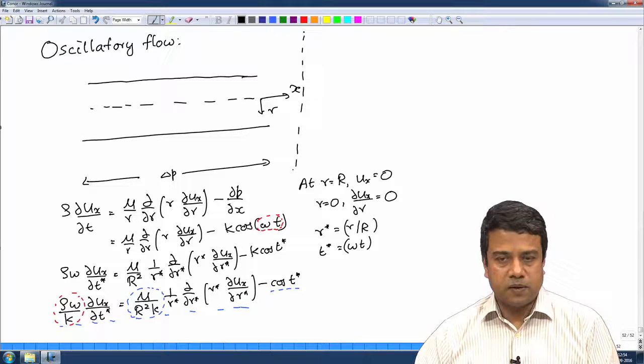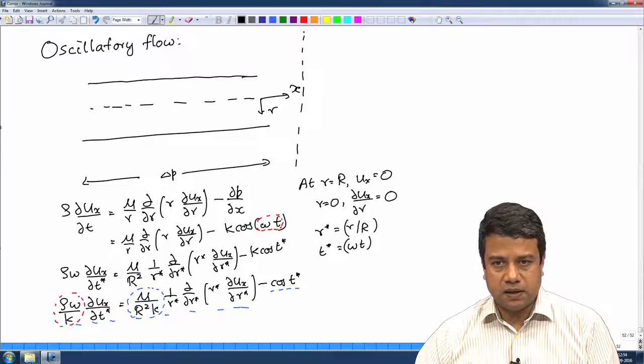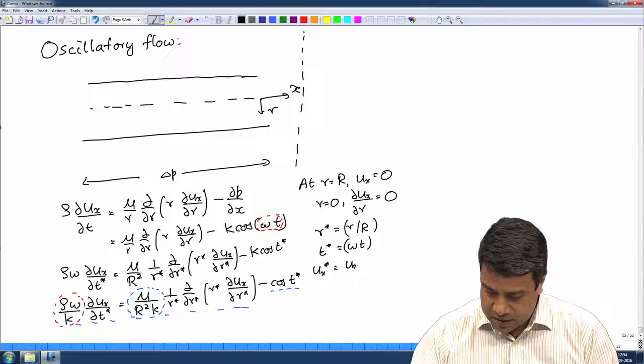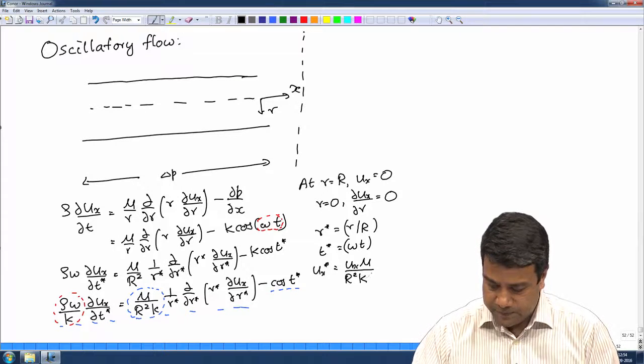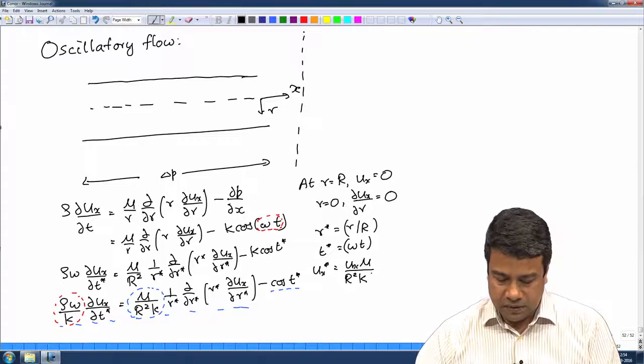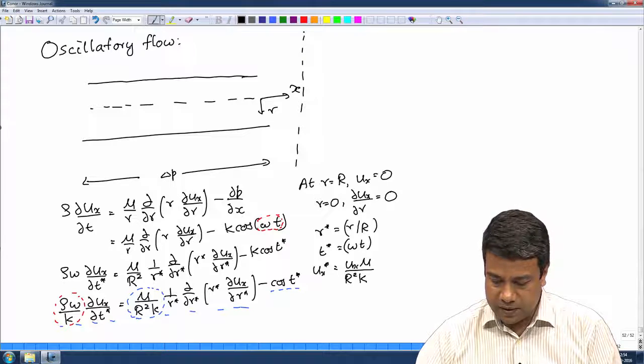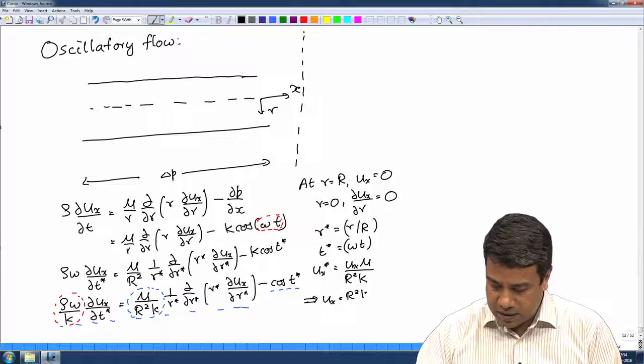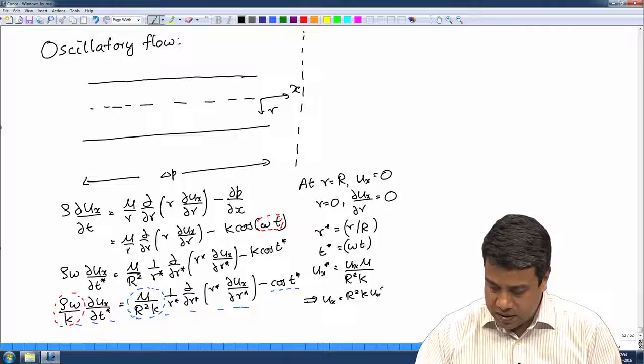So for the moment we will just scale it by the viscous scale. I will define u_x star is equal to u_x mu by R square k, which means that u_x is equal to R square k u_x star by mu.